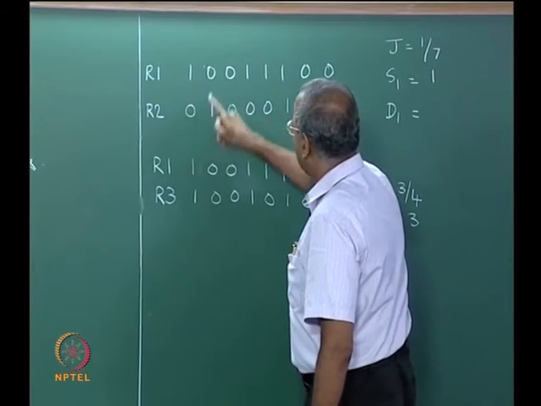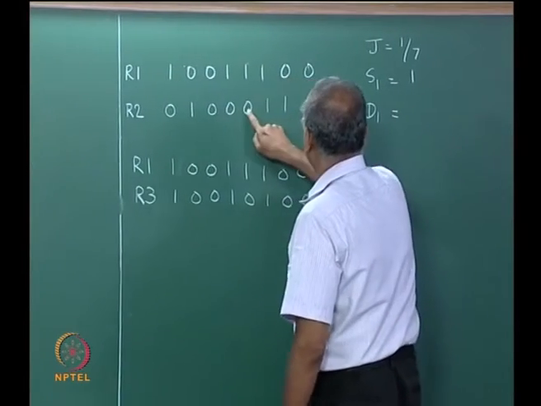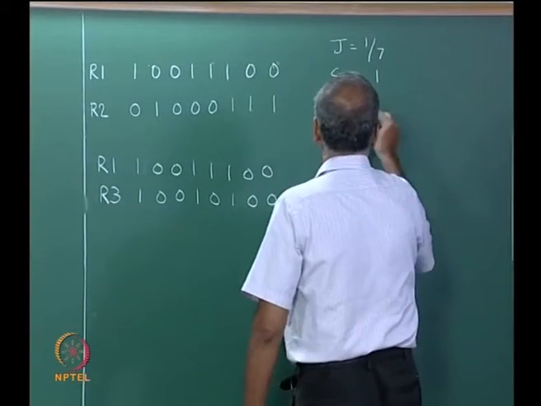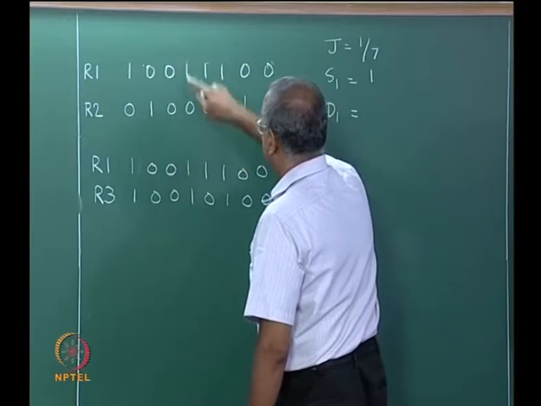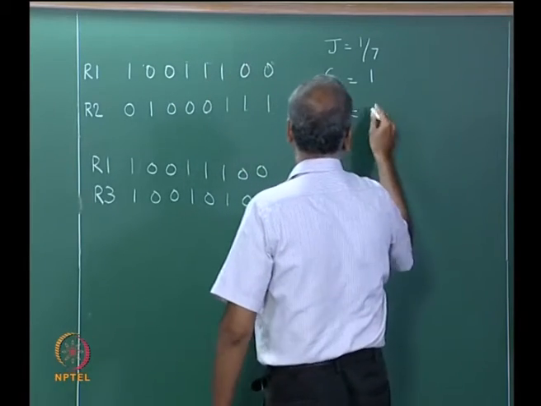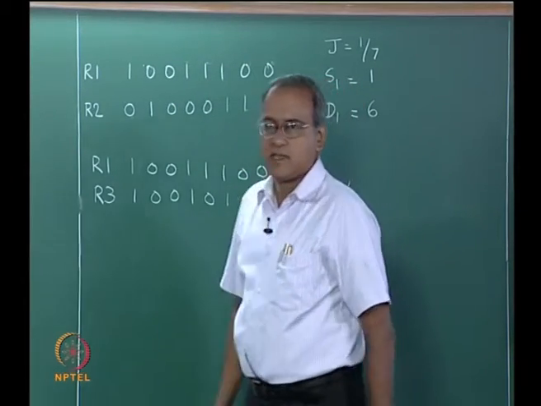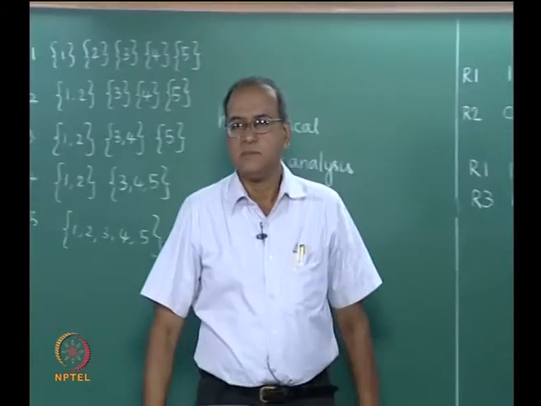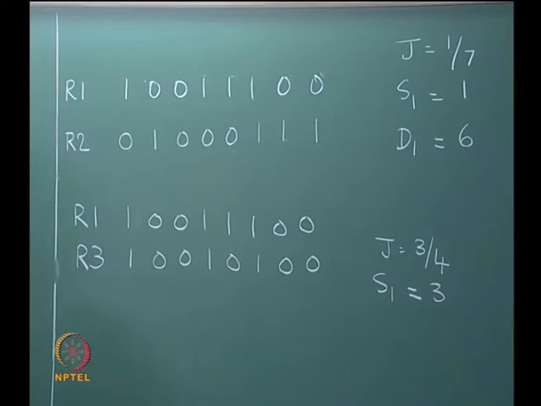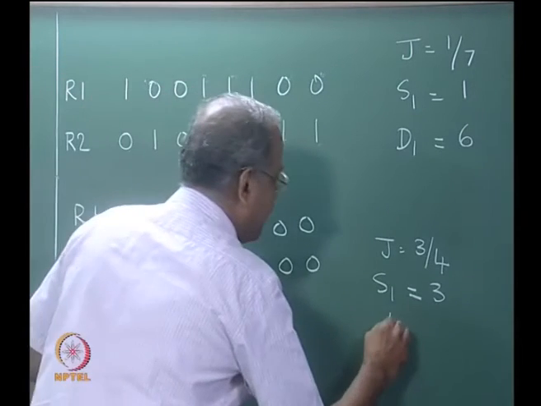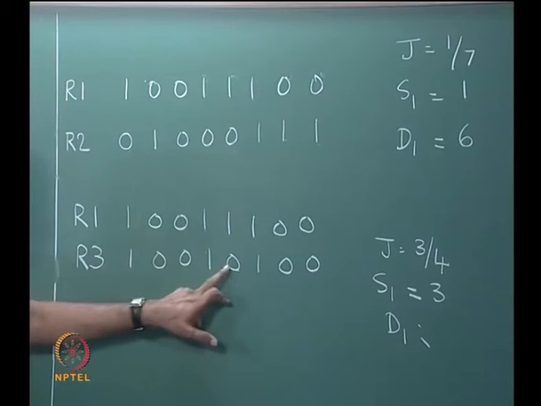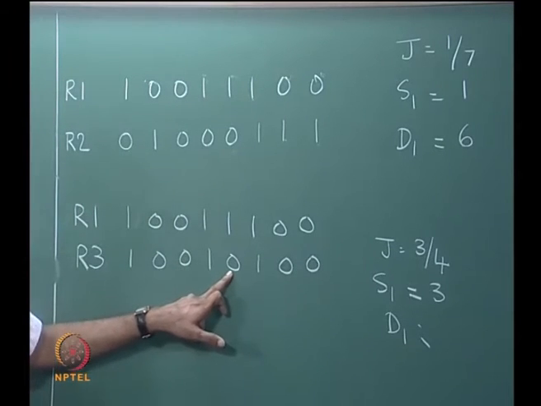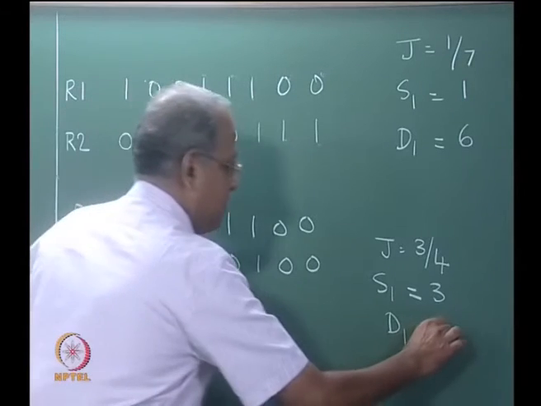Now, 1 2 3 4 5 and 6 in this case, either a 0 1 pair or a 1 0 pair. Here the dissimilarity D1 will be 1, that is all.